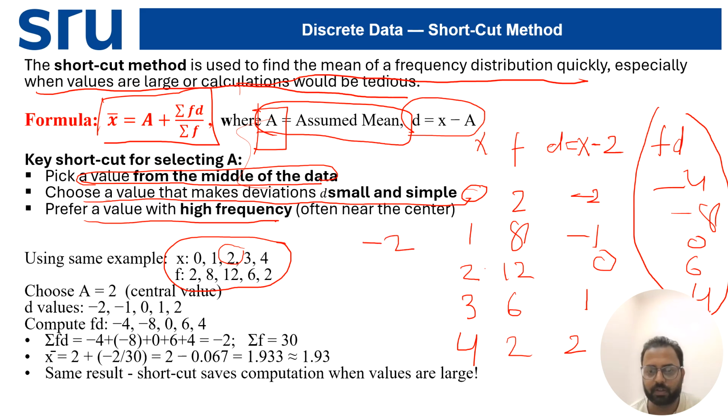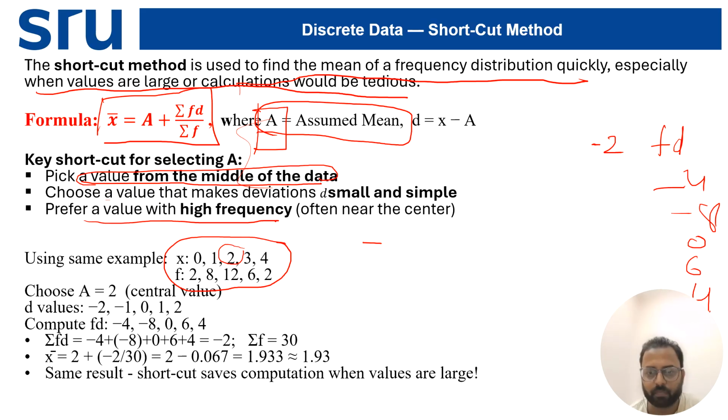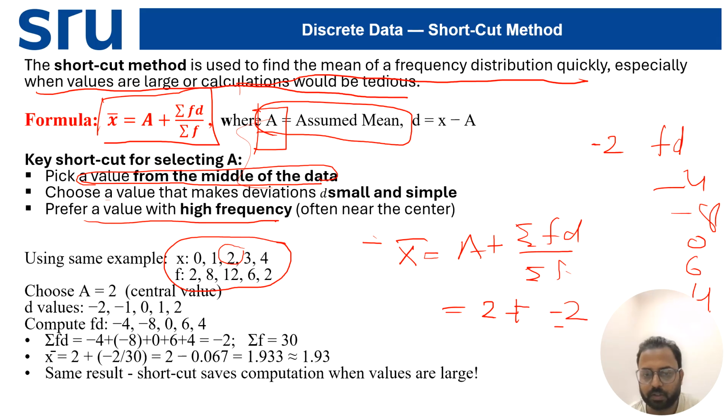Now, using the formula, x bar is equal to a plus sum of f into d over sum of f. So a is 2, the sum of f into d is minus 2, divided by 30.